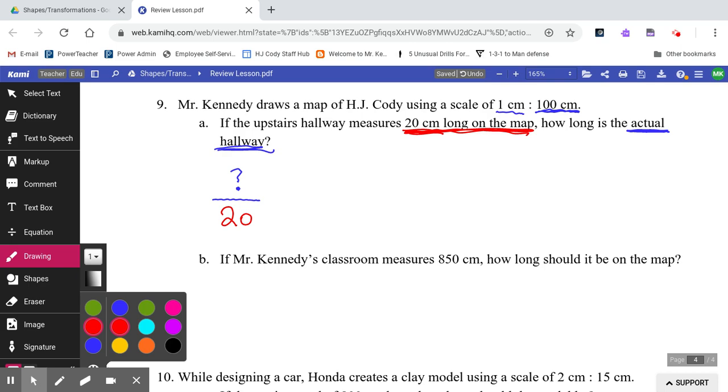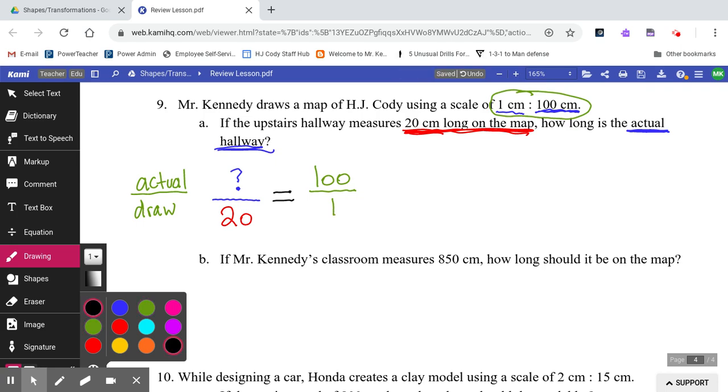That's going to be equal to my ratio. My ratio is 1 drawing for every 100 actual. So if I look at this first fraction, I did actual divided by drawing. That means my ratio should now be written as actual, which was 100, divided by 1 for drawing.